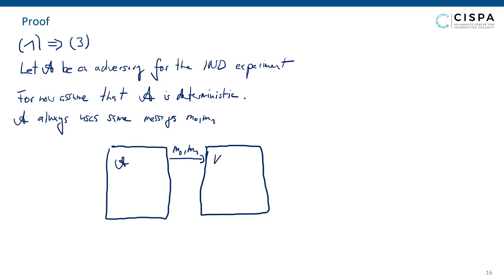And the challenger, of course, first chooses his key. Next, it chooses a uniformly random bit B and encrypts the message MB.